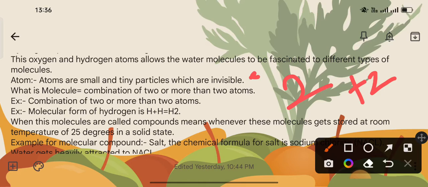Molecules are called compounds when they get stored at room temperature of 25 degrees in a solid state.